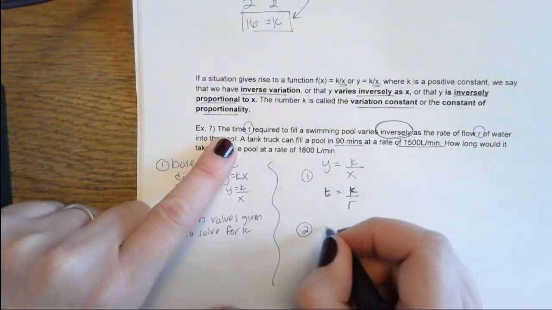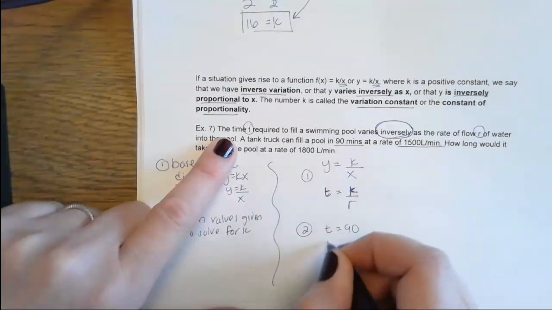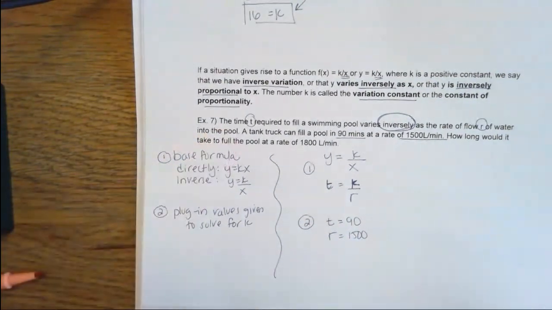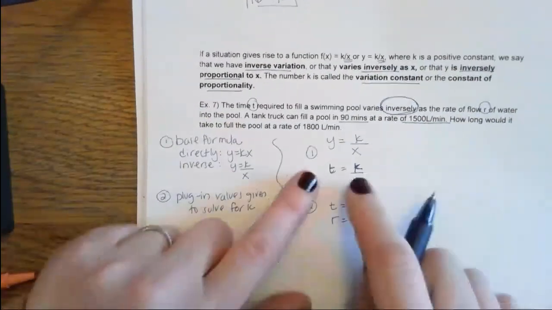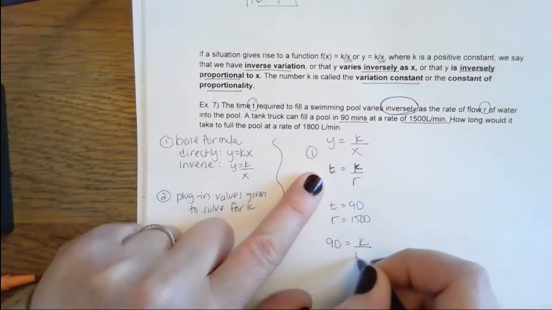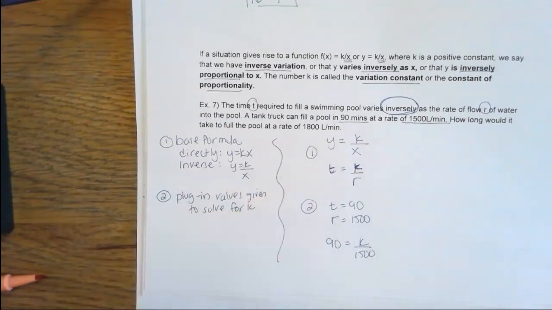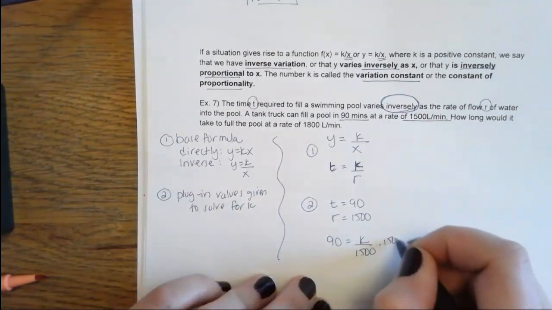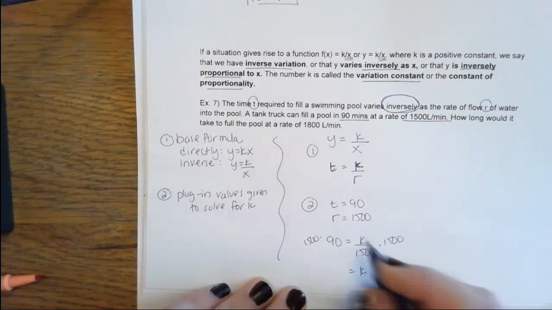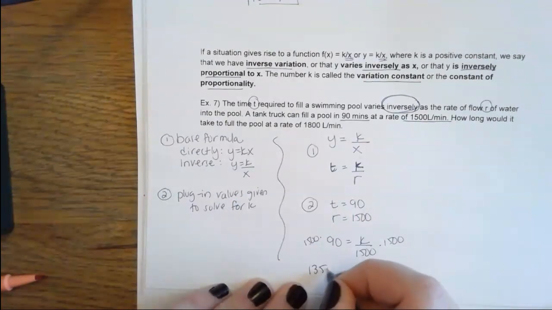So what I'm told here is that when t is 90, the rate is 1,500. There's a pair of data that goes together here. I'm going to fill this in: my t is 90, my r is 1,500. How do we solve this? We can multiply both sides by 1,500. And I get that k is equal to 135,000.